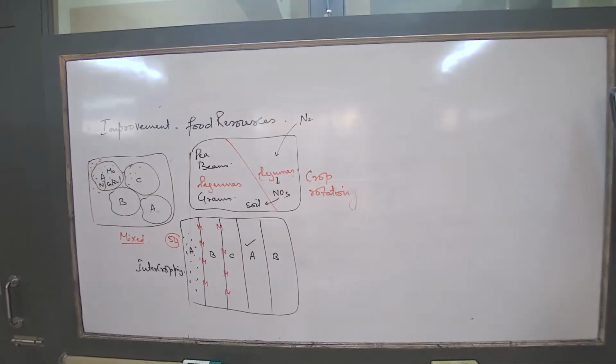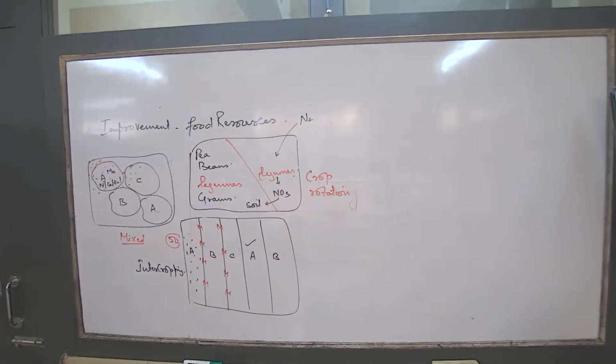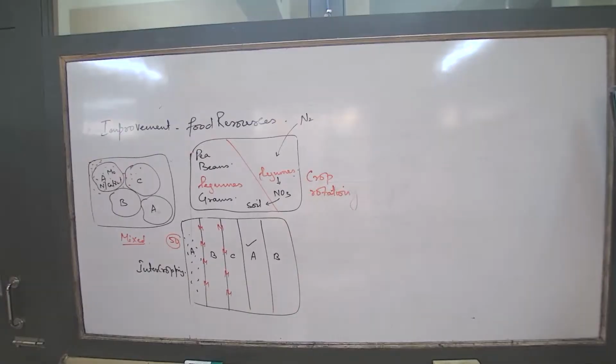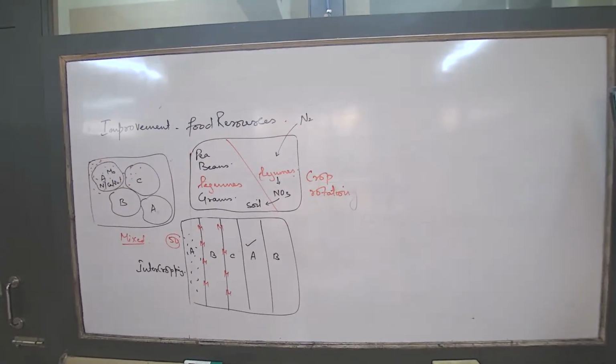Sprinkle them on the land, and all plants will flourish and grow. But these are all machine made, so the granules are all of the same size. Very fast they will mix with the soil, dissolve in the soil water, and plants start absorbing. In 1 or 2 weeks we get to see the result. Manure takes a long time, 2-3 months, to see an appreciable rise in the plant.